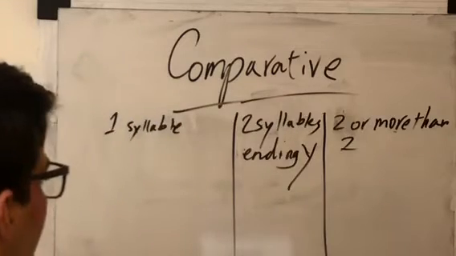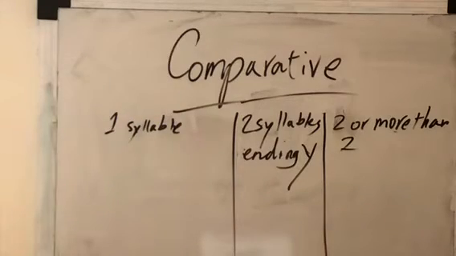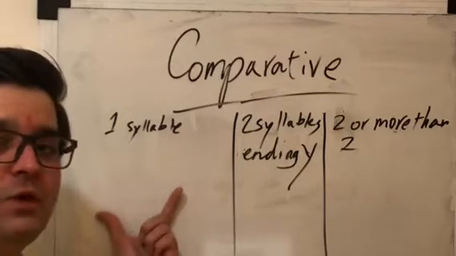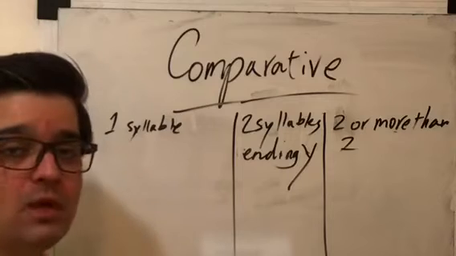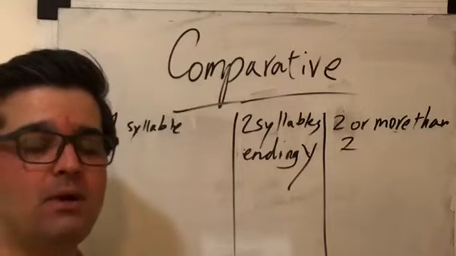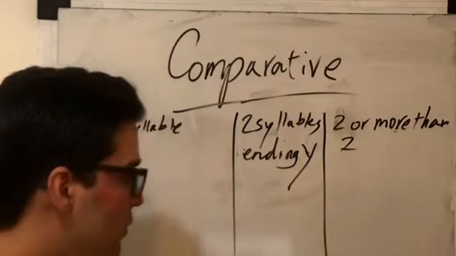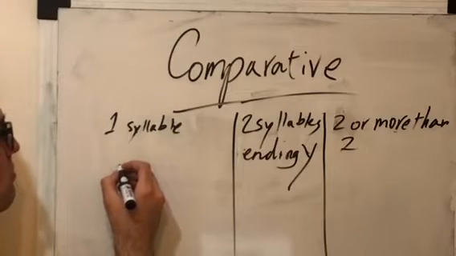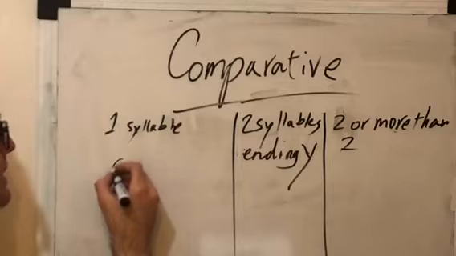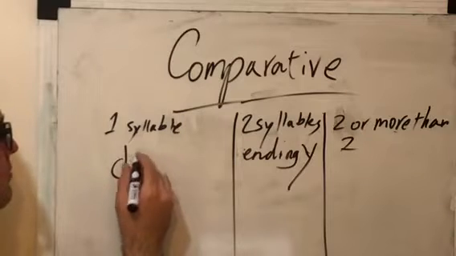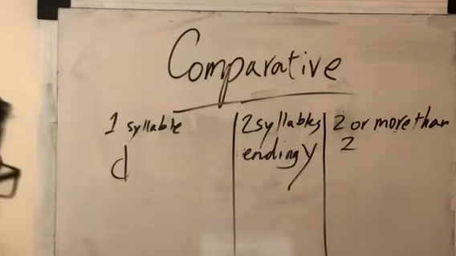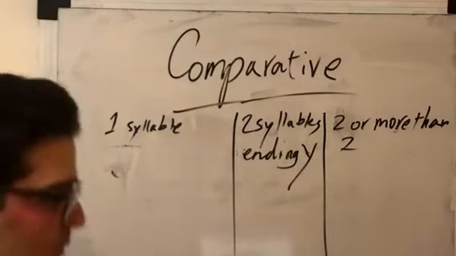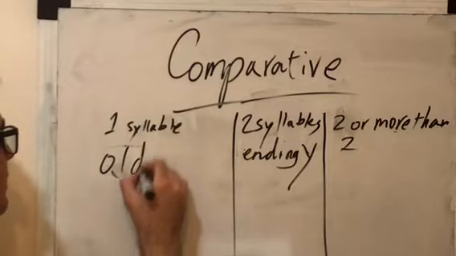So now we have three columns. When you have a word that has just one syllable, you can make a comparative adjective for that. For example, the word old.